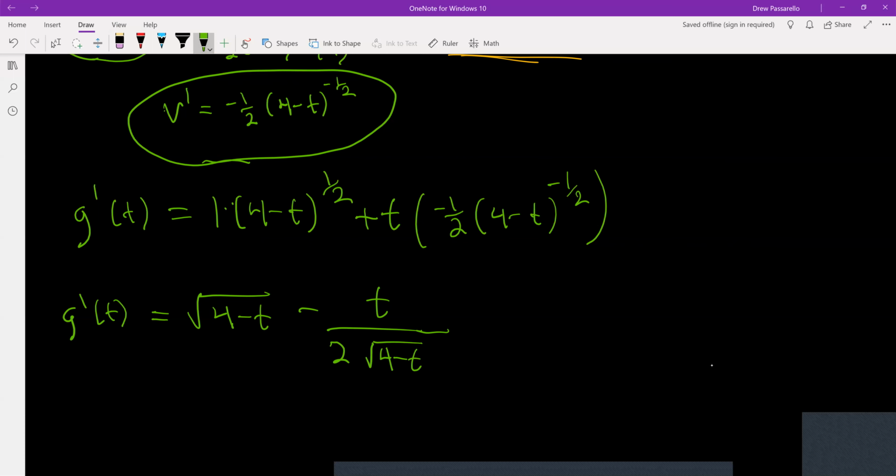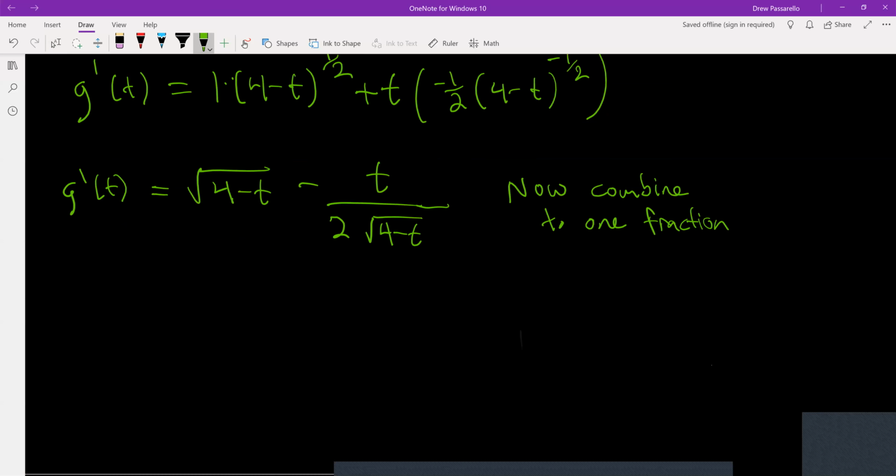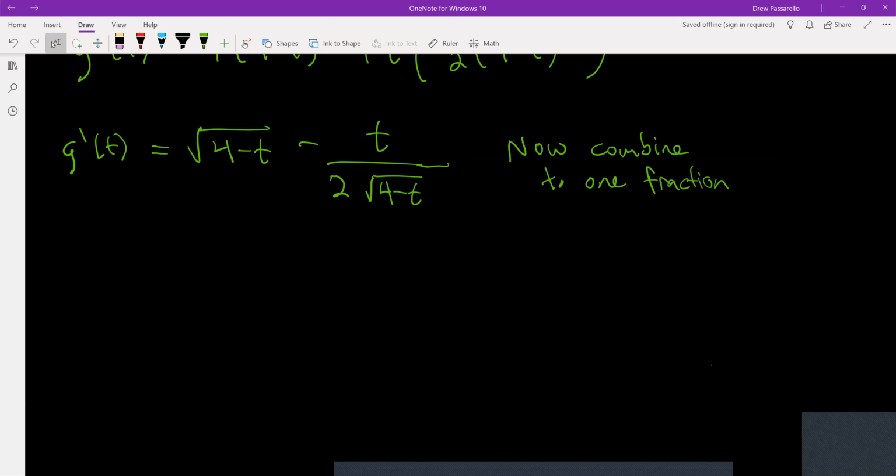All right, and this is all algebra, just to make it look more simple looking. And now I'm going to try to combine this into one fraction. All right, and really the only thing I need to do is multiply the first term top and bottom by 2 square root of 4 minus t.